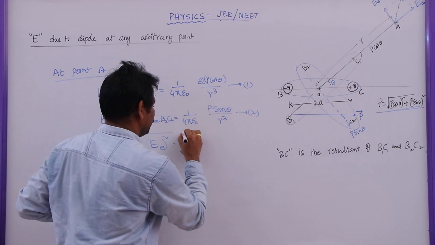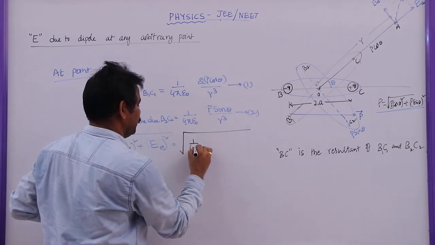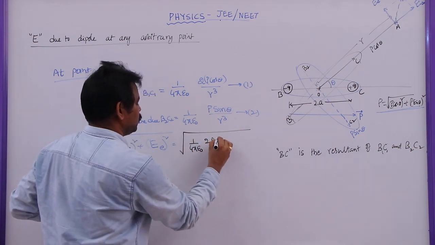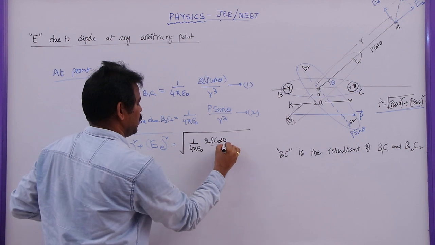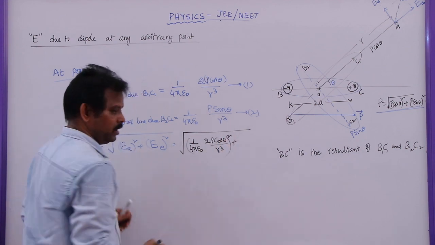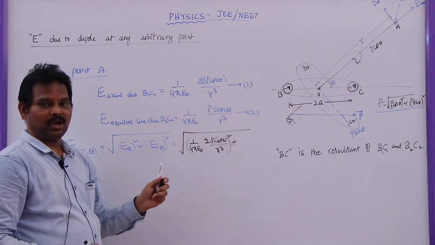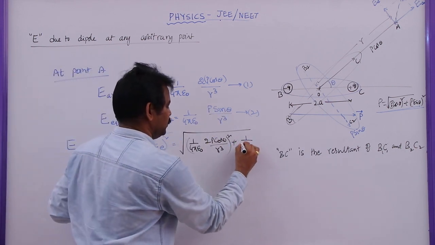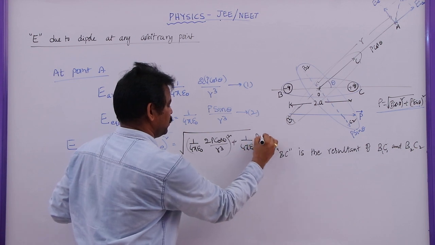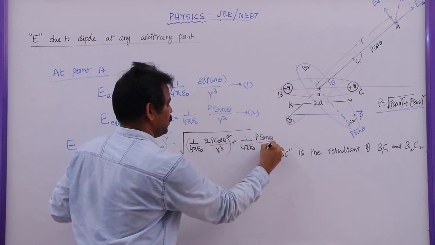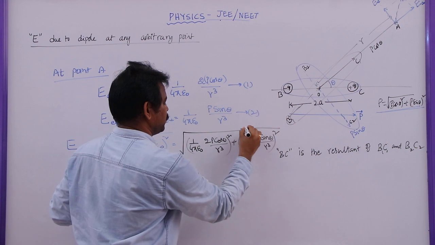This will become 1 by 4 pi epsilon naught 2p cos theta by r cube whole square, and the other term is 1 by 4 pi epsilon naught p sin theta by r cube whole square.